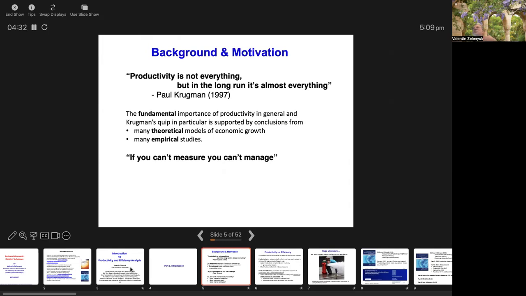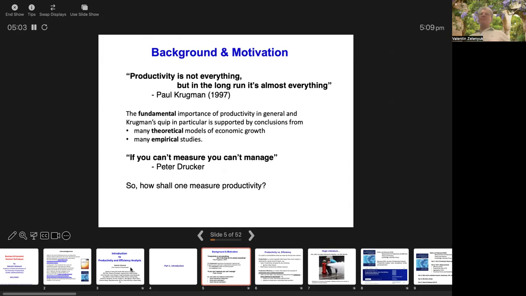This is attributed to the famous management science professor and consultant Peter Drucker. These two quintessential phrases are the foundation for this topic and for the literature on productivity and efficiency analysis.